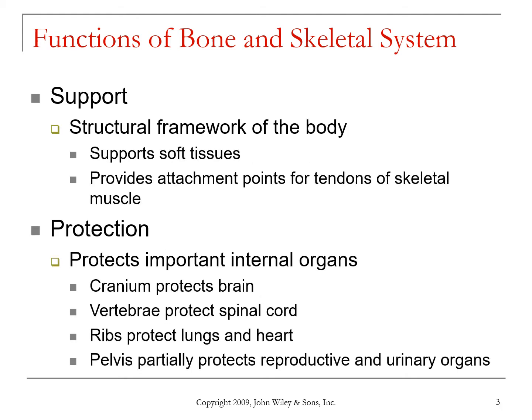On this slide, we have two of the obvious functions of bone and the skeletal system. Bone provides a structural framework for the body. The skeleton acts as attachment points and encasements for the soft tissues and the internal organs. With respect to skeletal muscle, the bones are the structures to which muscles attach via tendons.